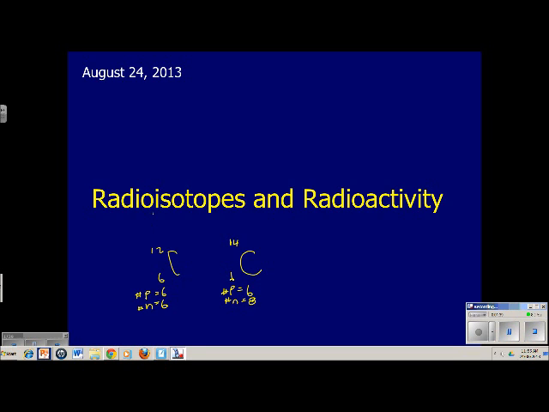Now, I guess the question is, what is a radioisotope? And you've probably heard of radioactivity before as well. At this point in the lesson, if I were here, I would ask you students what you think of when you hear the term radioactivity. And I get lots of interesting answers. People talk about fish with 2 heads, and radiation, and emissions and things like that.